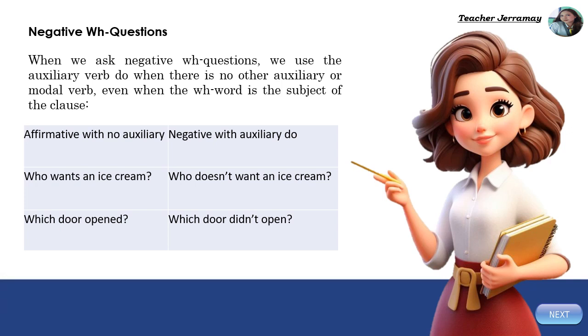While in negative with auxiliary do, sentences like who doesn't want an ice cream and which door didn't open are sentences where we say who or what didn't do something and we add the word do to show it's negative.